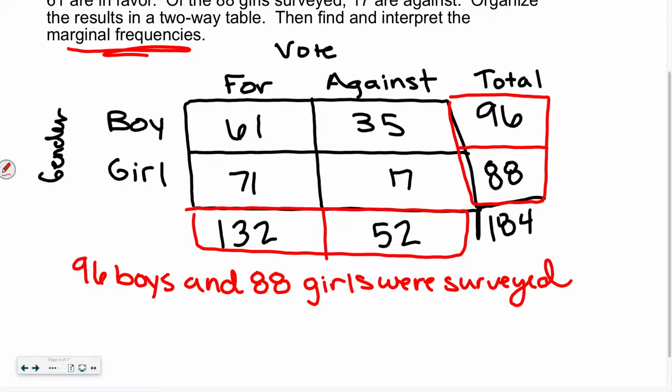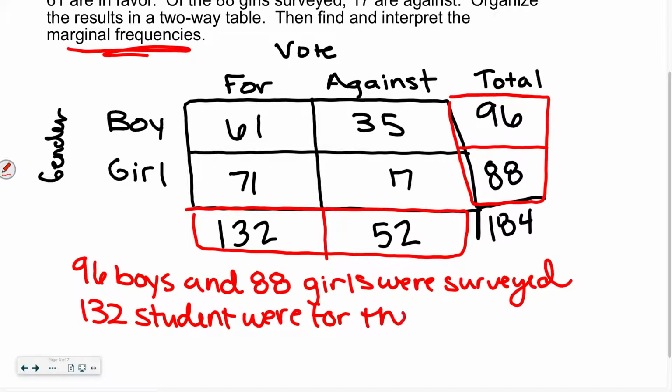What do the marginal frequencies at the bottom of my table represent? The votes. Okay, so of the 96 boys and 88 girls that were surveyed, 132 students were for the garden, and 52 were against.